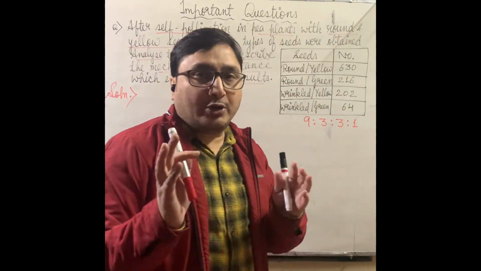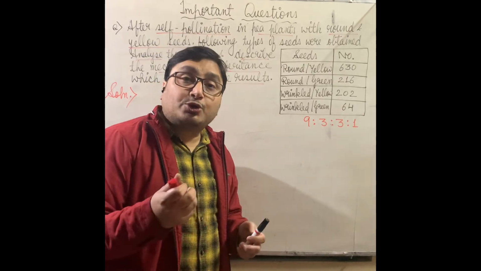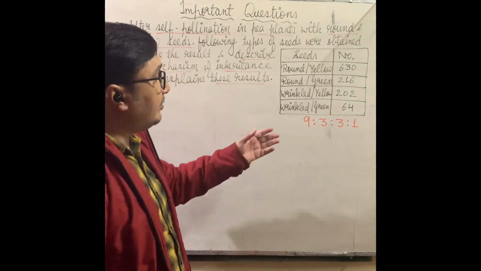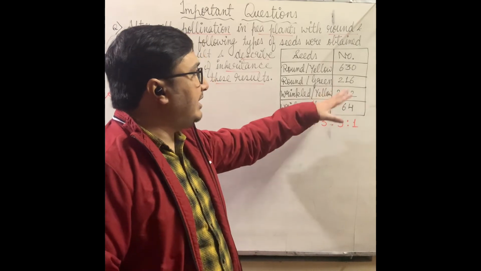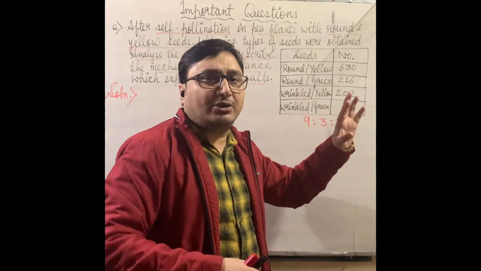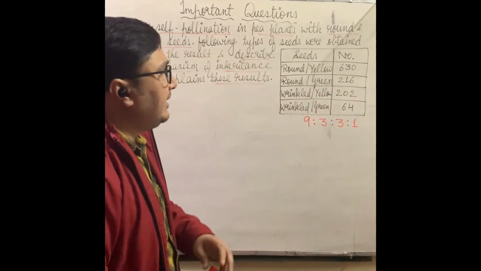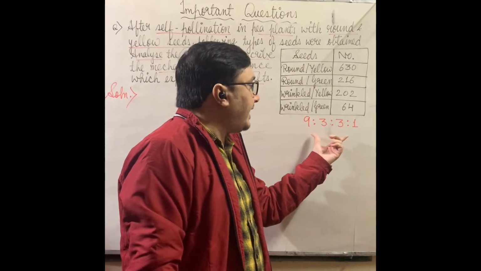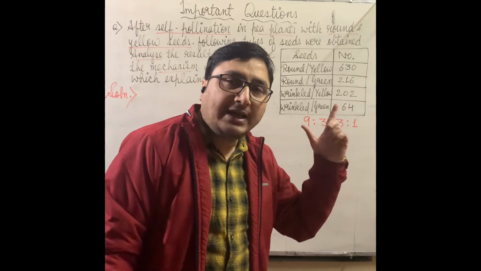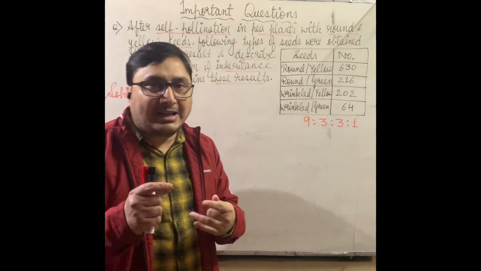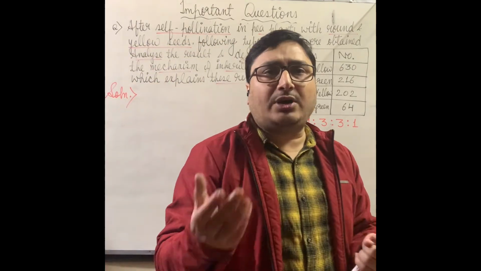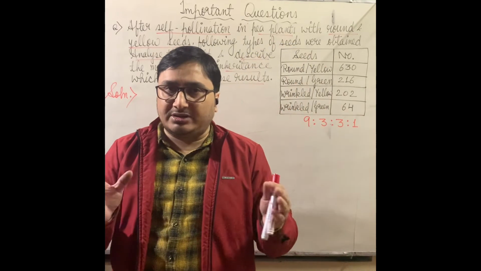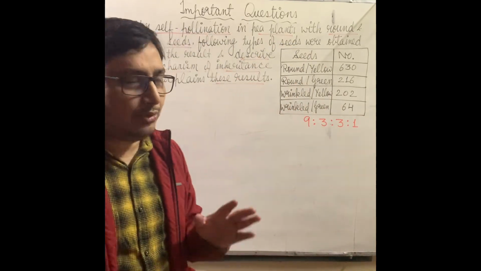Now, for all those who are shocked to see that no, the ratio cannot be 9:3:3:1, maybe it is 9 point something, let me tell you, it is not necessary that you will be getting exactly 9:3:3:1 as the ratio. Okay, it can be in decimal, so we just round it off and we write the answer. So approximately it is 9:3:3:1.